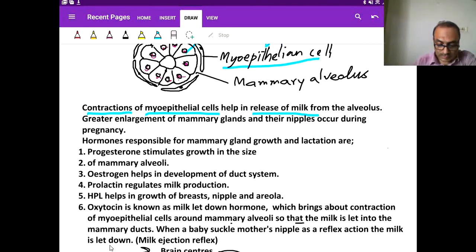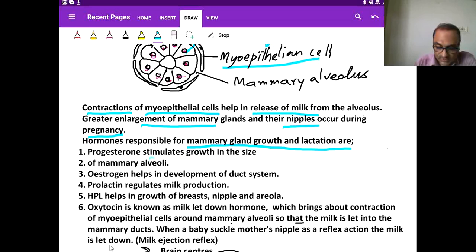Now, as I told you, greater enlargement of the mammary gland as well as the nipple occurs during pregnancy. Hormones responsible for mammary gland growth and lactation: let's see what these hormones are.